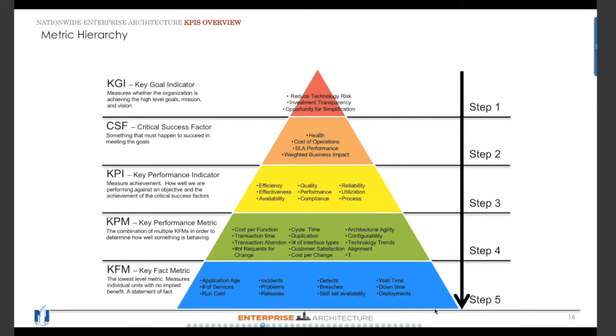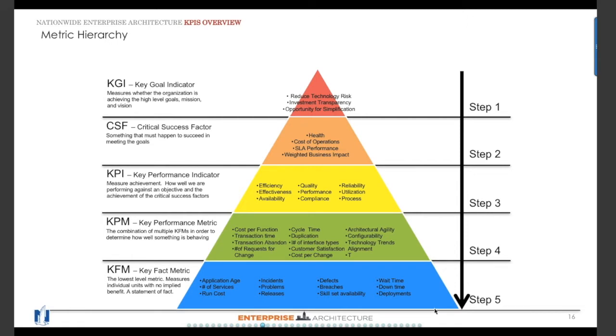So this is another example of what we did for our next set of slides that I'm going to go through. Our ask was, the Nationwide board came and asked us about most of the key success factors. They said, okay, hey, I don't know the health of all the IT that runs my business, or the cost, and what is the business impact of the applications that you have.